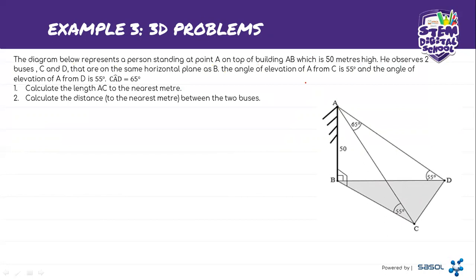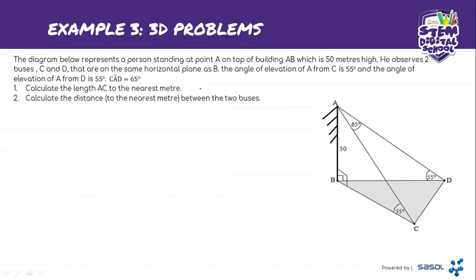He observed two buses, C and D. You can see D, there is a bus there, and C, a bus, that are on the same horizontal plane as B. The angle of elevation of A from C is 55 degrees, and the angle of elevation of A from D is 55 degrees as well. And then angle CAD equals 65 degrees. So that's what we have from our scenario.